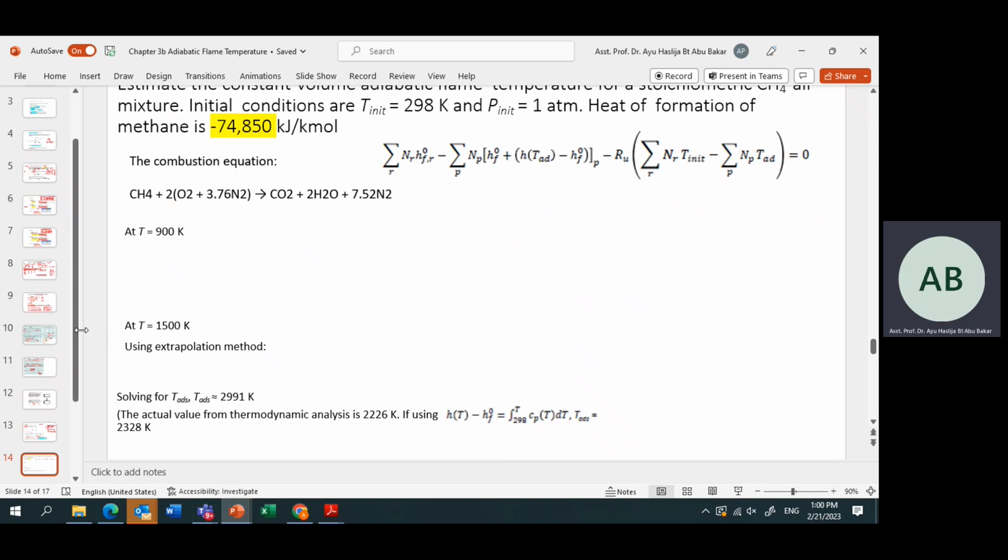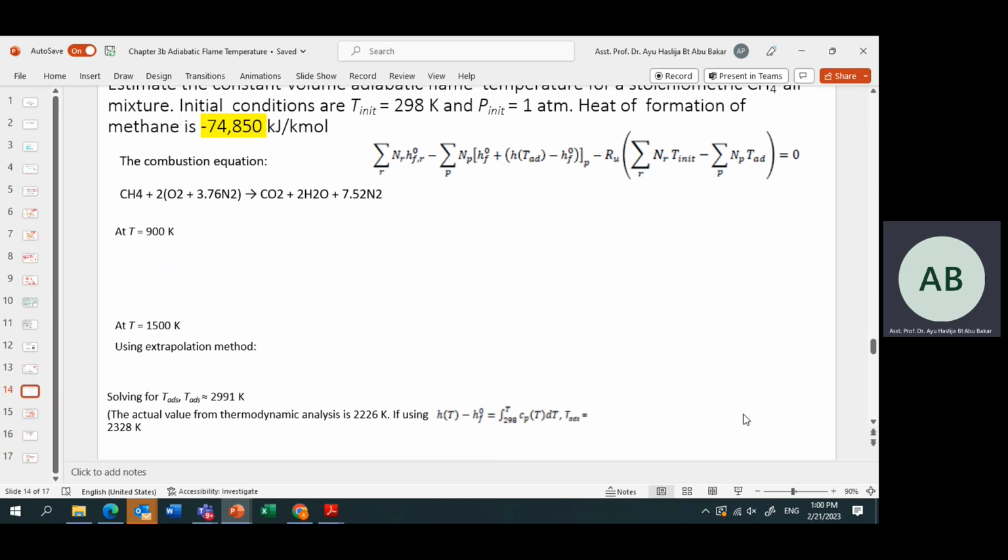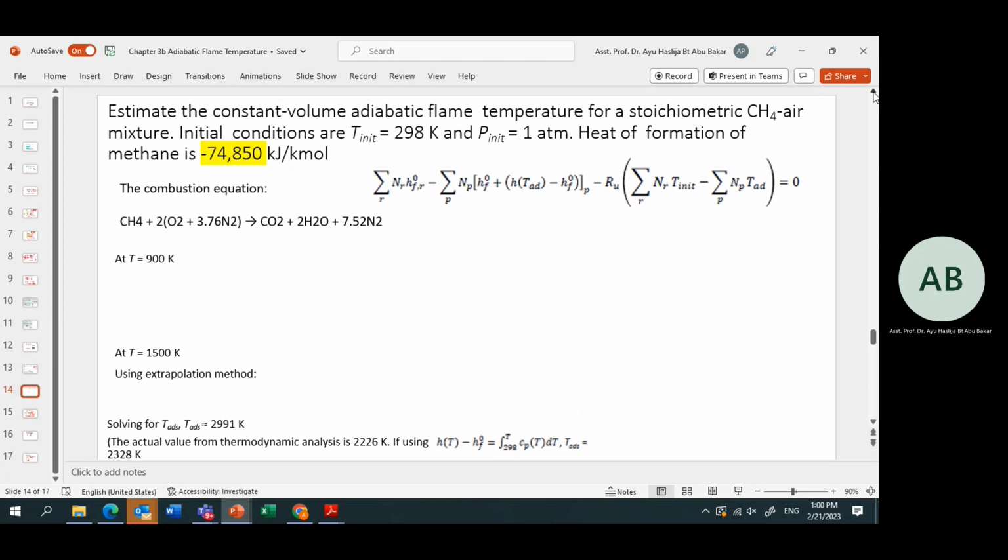Now from this example, we try to do the constant volume. Okay, the question asks you to determine the adiabatic flame temperature, T adiabatic, with constant volume, for a CH4 mixture, methane air.